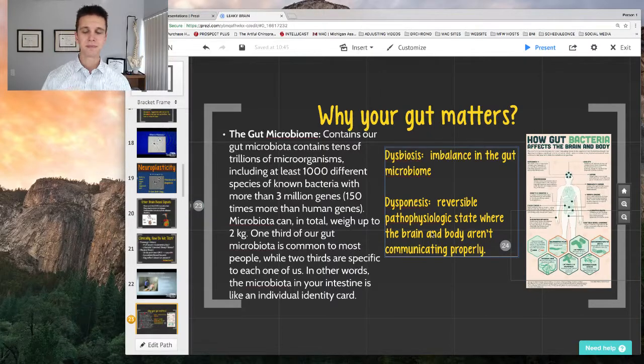Let's use the Thanksgiving example. You eat a bunch of turkey, and then you start making serotonin. Tryptophan, the amino acid that's prevalent in turkey meat, is the precursor to serotonin, which makes you drowsy or sleepy. So that's the relationship there.